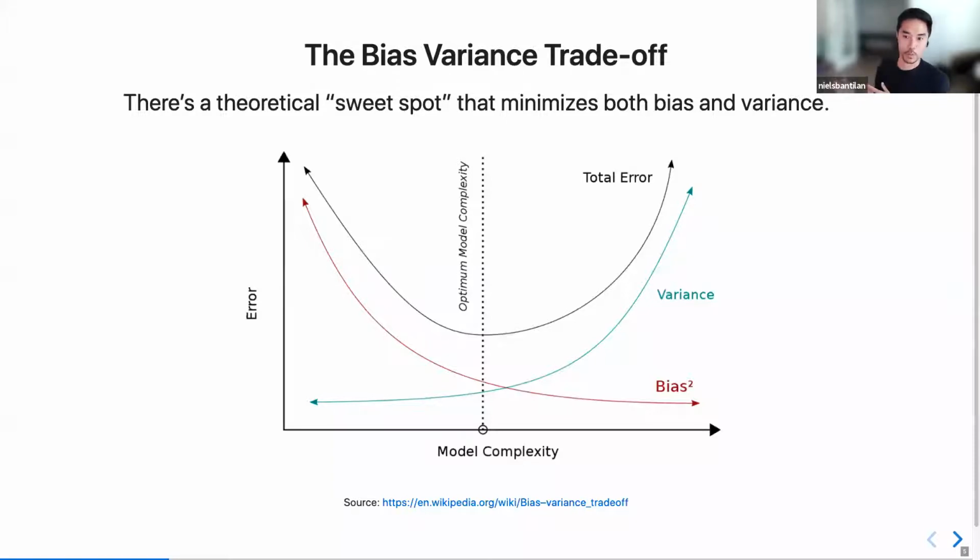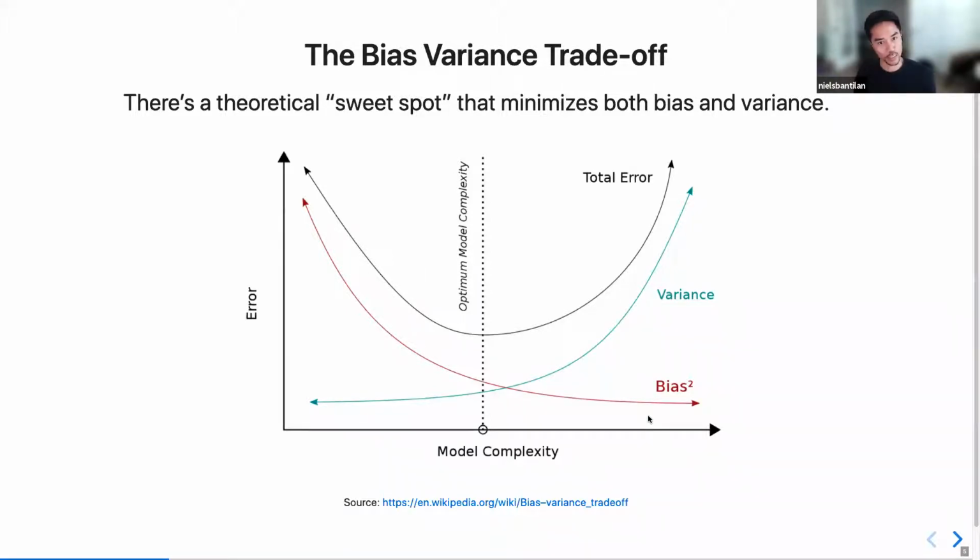And then once you have something out of distribution in deployment, it's not going to know what to do. So the predictions for those data points that are out of the training set distribution will throw the model off. And so as you increase model complexity, you're better and better fitting the training data, but then you're also likely going to overfit the training data.